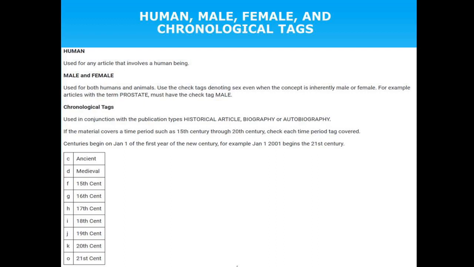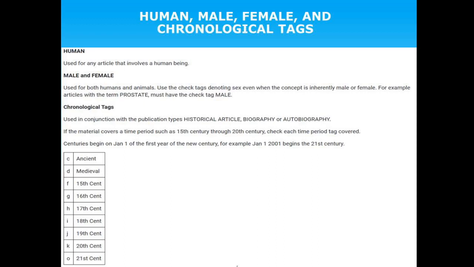Now we are going to discuss the chronological tags. They are used in conjunction with publication types, like historical article, biography, autobiography, in a chronological order, right? If the material covers a time period such as 15th century to the 20th century, check each time period tag covered, right?